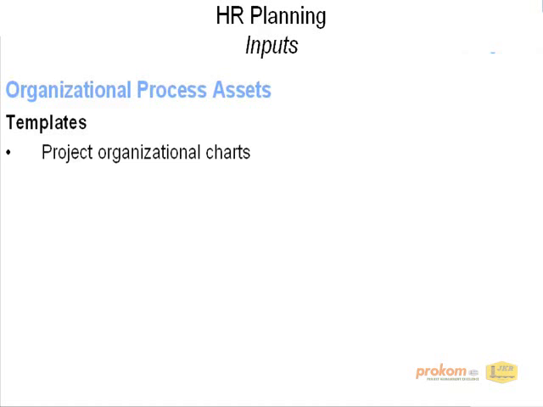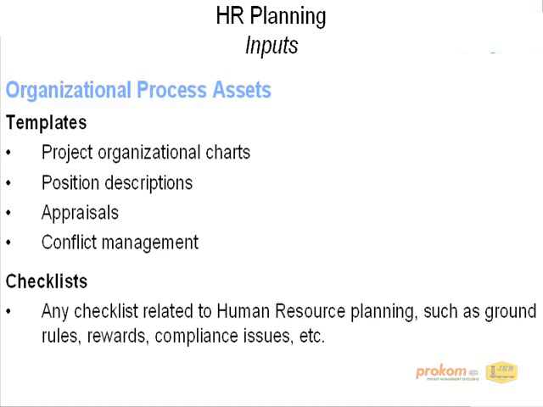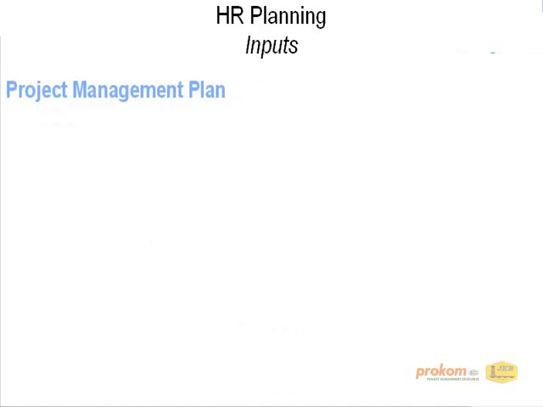Templates can be used for project org charts, position descriptions, appraisals, and conflict management. And checklists can include any checklist that is related to human resource planning, such as ground rules, rewards, compliance issues, and so on. And the final input is a project management plan.